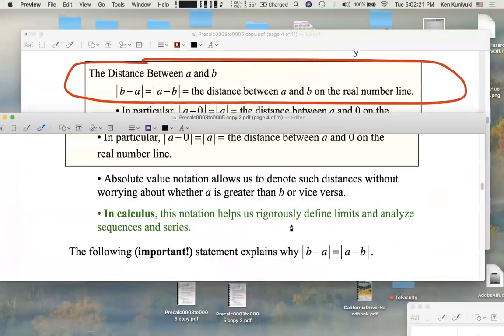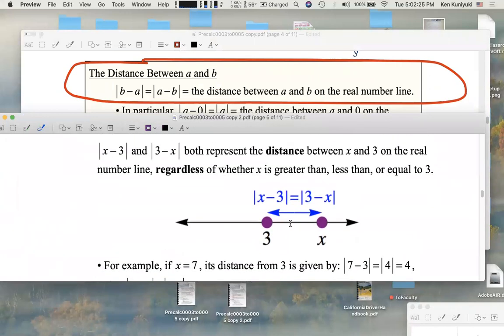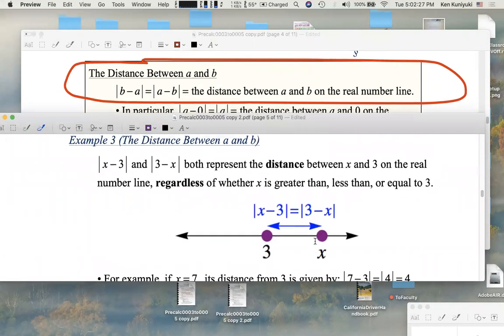So, for example, if you consider x and 3, I don't care if x is to the right or the left of 3. I don't care if x is greater than 3, equal to 3, or less than 3. The distance between 3 and x, or x and 3, can be denoted by the absolute value of x minus 3 or 3 minus x.